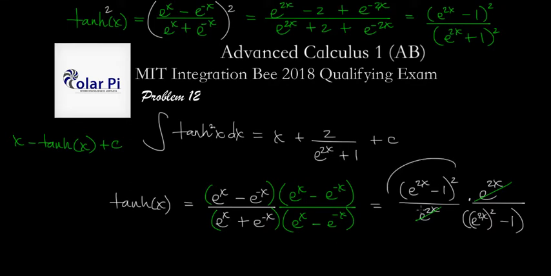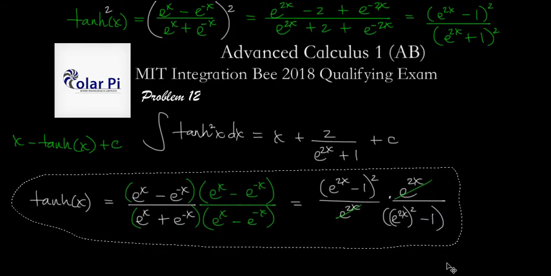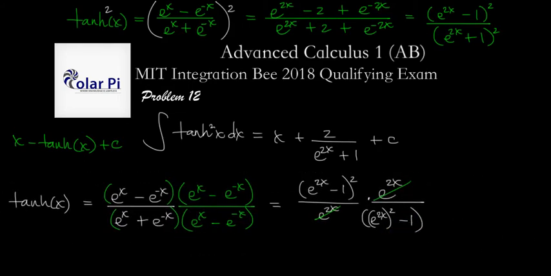Alright, now, this here is equal to e to the 2x. Oh no, I don't have room to write it there. Sorry. So what do we do? I know. Here. So this is equal to e to the 2x minus 1.